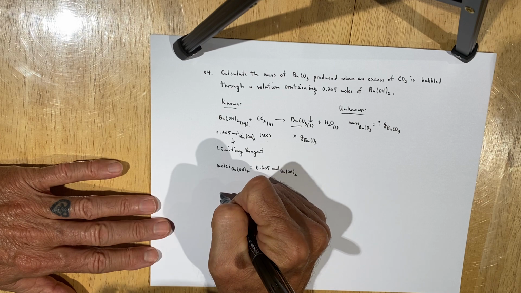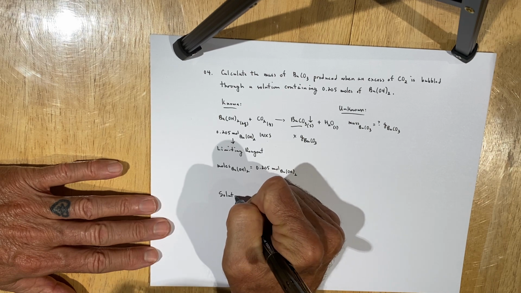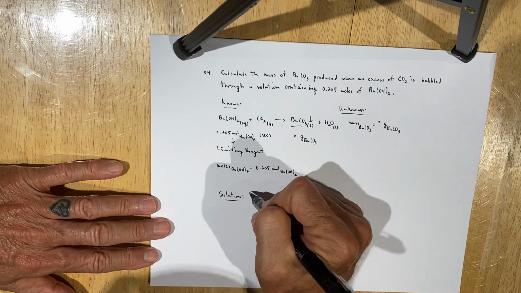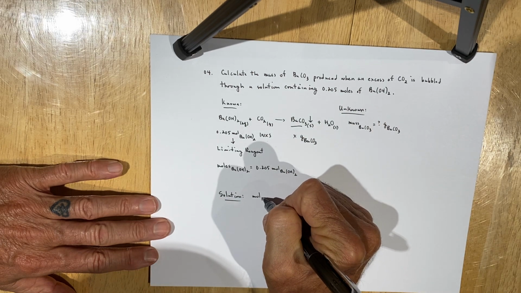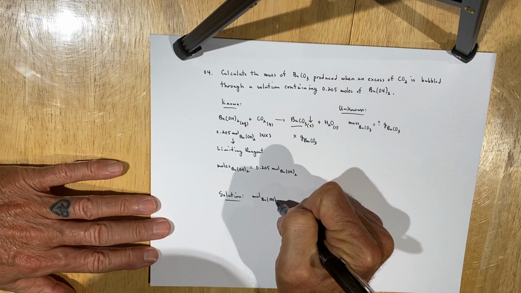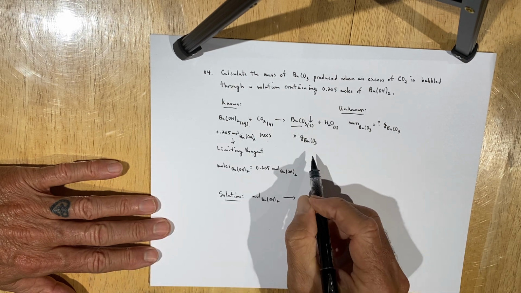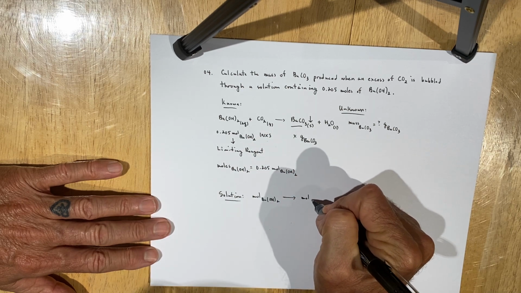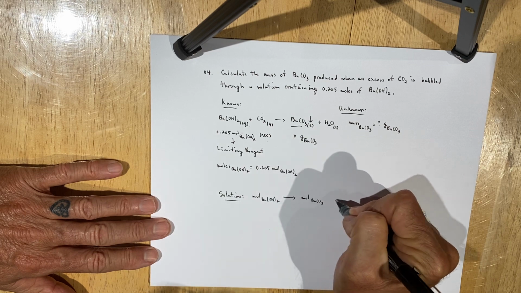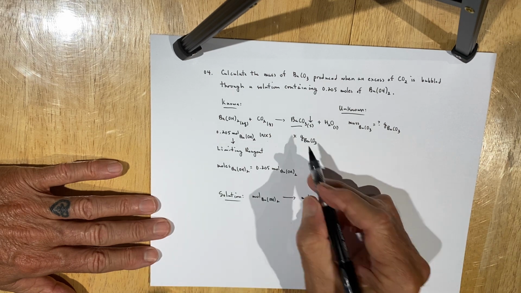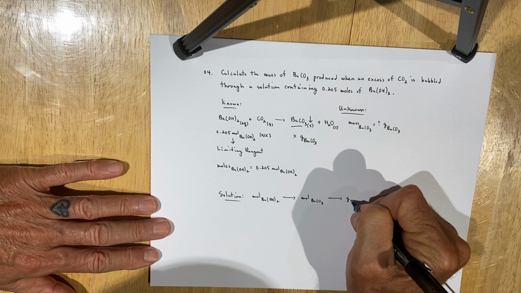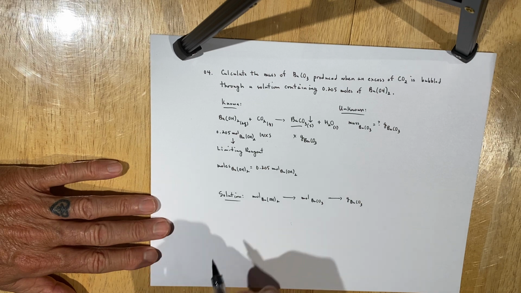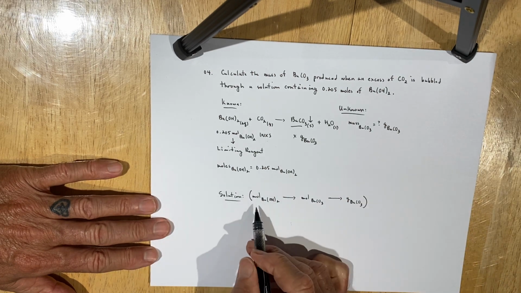And the other thing you have to consider in terms of your solution is that you're going to be converting moles of barium hydroxide, which you're given in the problem, to moles of barium carbonate, and then from moles of barium carbonate to grams of barium carbonate. So we've got 2 different conversions that you are required to do to solve this problem.